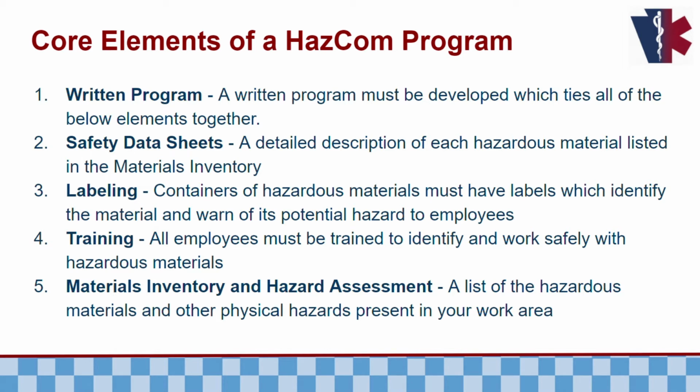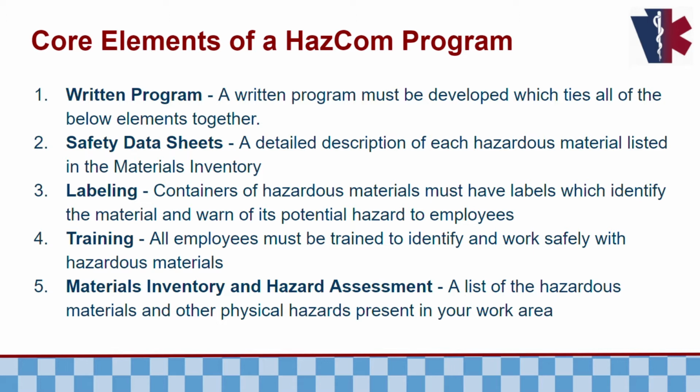The Hazardous Communication Program has 5 core elements. A written program, which must incorporate and tie in all other elements of the Hazardous Communications Program. Safety data sheets, detailed descriptions of each hazardous material that is listed in the material inventory.